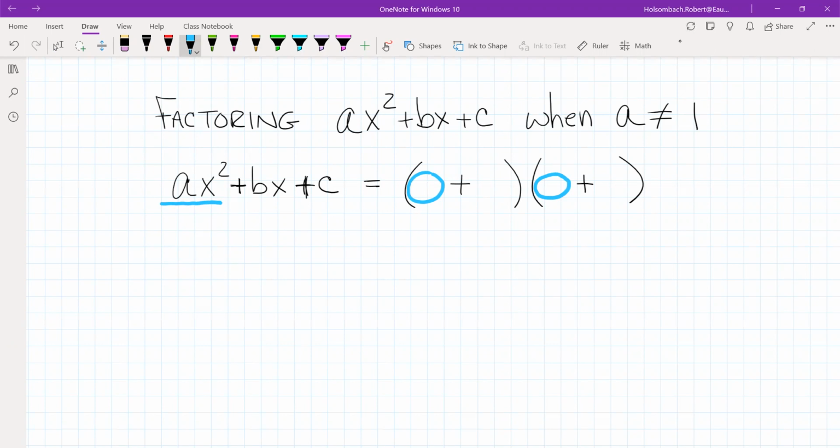First position times first position equals the first term. In each of the factors, whatever is in this last position and this last position, the product of the last position times the last position has to equal the last term in the trinomial.